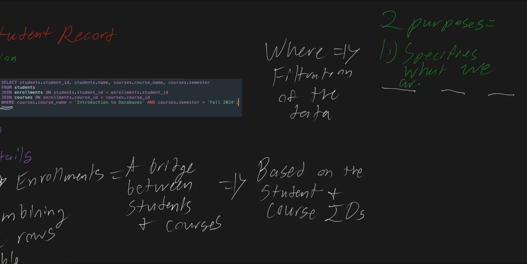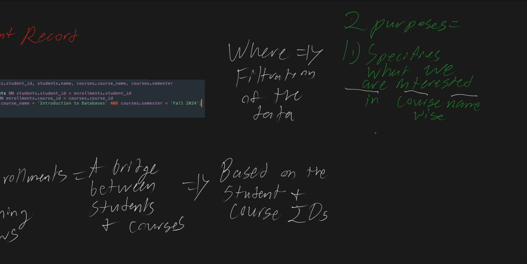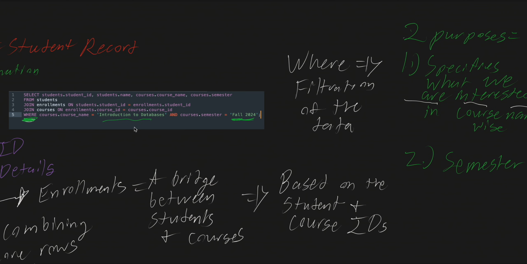Specifies what we are interested in, course name wise. And then the second part pertains to a double filtration for the semester. Hence we already have the name and the course semester as well to get what we need for where.